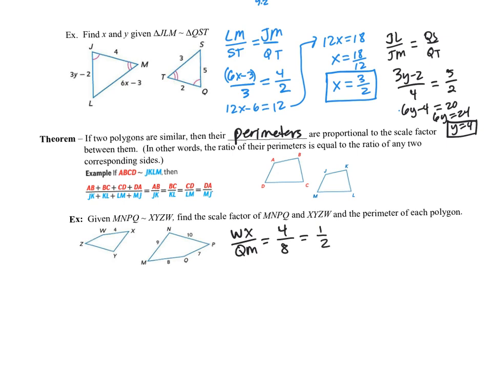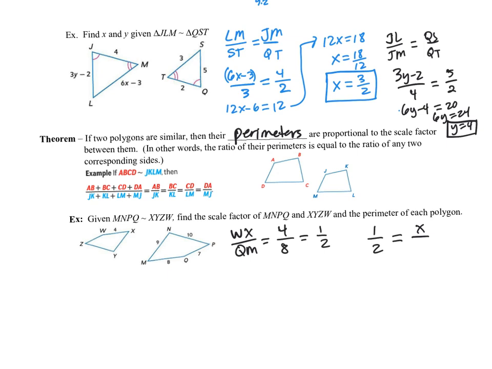Now, the theorem tells us that the scale factor is equal to the ratio of the perimeters. So in other words, I can say that that ratio of 1 to 2, now notice I've taken the ratio of a side of the smaller quadrilateral to the side of the bigger one, that's going to be equal to the ratio of the perimeters. Now, I don't know the perimeter of the small one, so I'm just going to call it x.